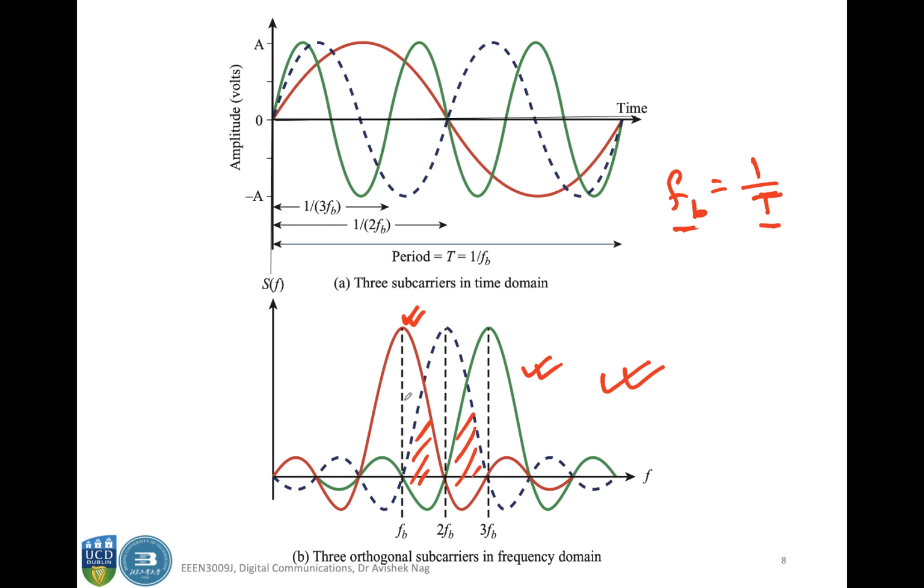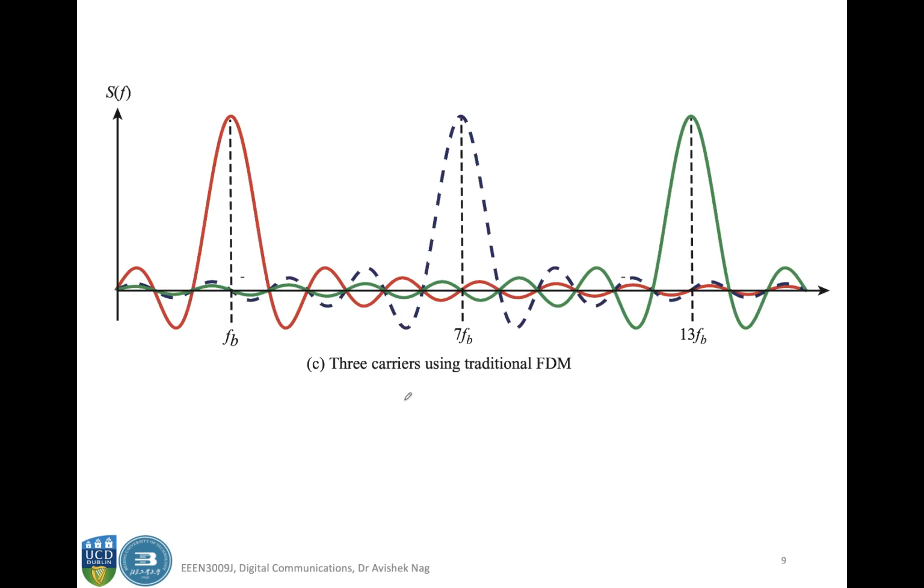So this is how OFDM subcarriers look in frequency domain, and this is the traditional FDM. In traditional FDM they are not overlapping, so they are spaced a little farther apart. That's the difference.